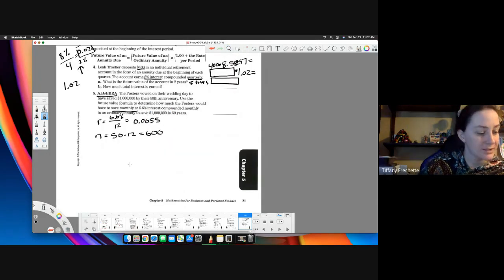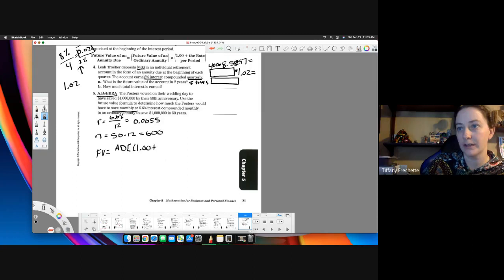All right. So now I can start to put this into the future value formula. The future value formula for an annuity due, and I'm going to write this out, is going to look a little complicated.